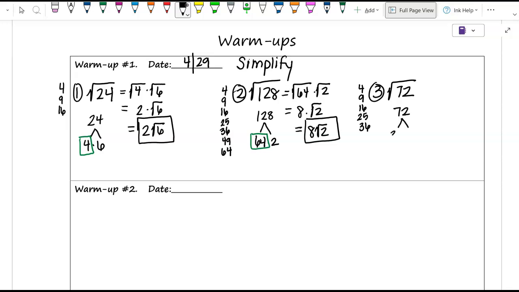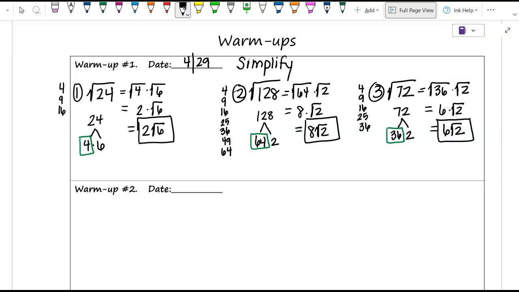Yeah. This is 36 times 2. And 36 is that perfect square we were looking for. So the square root of 36 times the square root of 2 equals 6 times the square root of 2, or 6 radical 2.